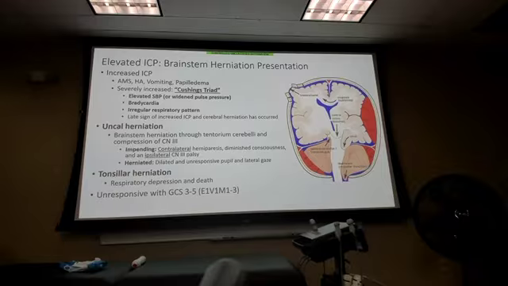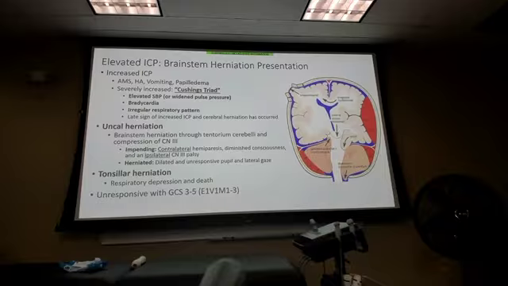and so we do everything that we can to prevent it. One thing that you guys are learning in the ultrasound is measuring intracranial pressure with the optic nerve. This is super important. If you don't have EVD or bolt capability, you can do that ultrasound and look at the optic nerve and look for papilledema.